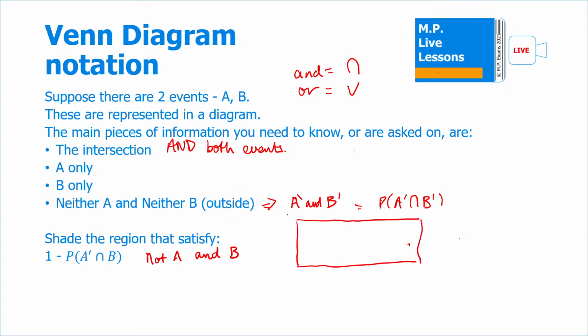So not just means outside. So if I've got A on the left and B on the right, not A is everything outside, which I'll colour in with, something's going on.